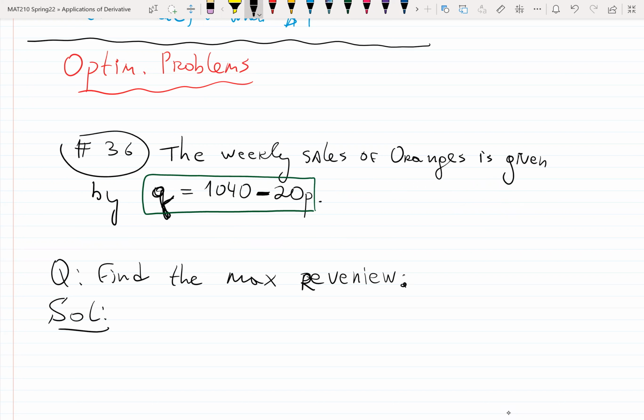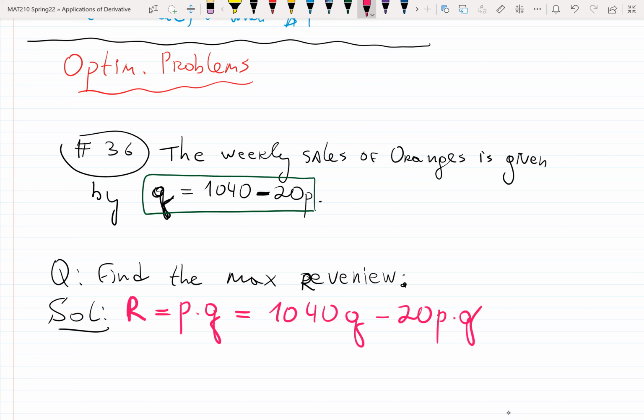How to find revenue? Revenue is P times Q. Done. So basically multiply the equation you see in front of you by Q. And this is how you can save time. You just multiply it and distribute right away. Check this out. Do you get it?